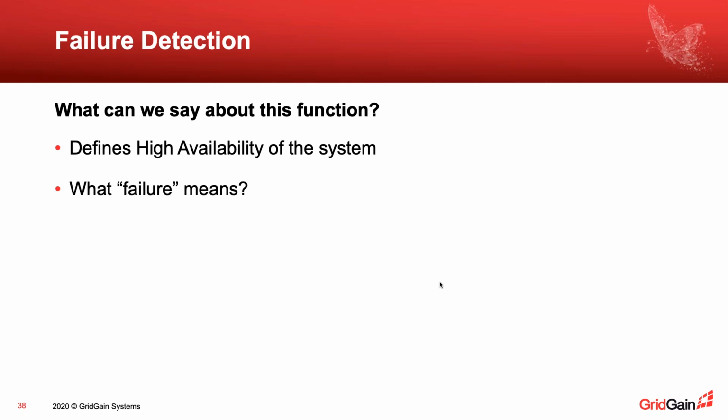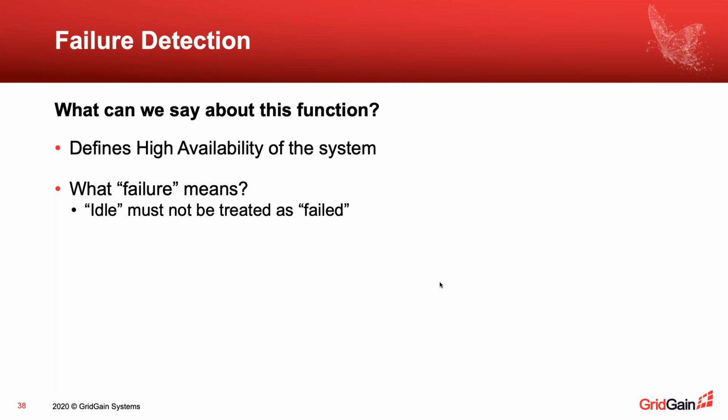But we also need to understand what failure actually means in a distributed system. So we could say that if we don't hear from a node for some time, then it has probably failed, if we don't hear a response, for example. But idle is not the same as failed, and we need to somehow distinguish that.